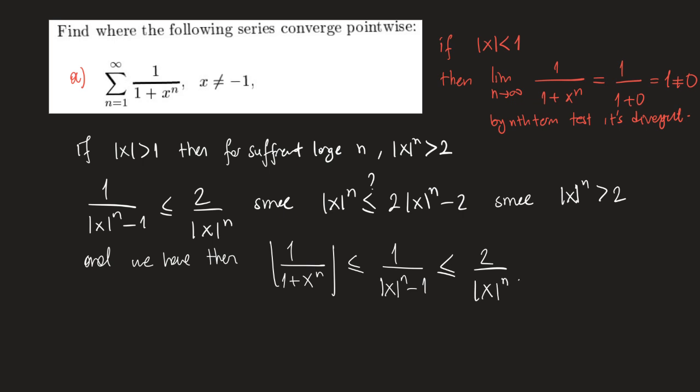But the series of this general term is then convergent. 2 over x to the power n is convergent. This is a geometric series.